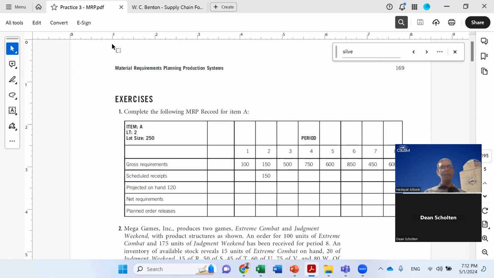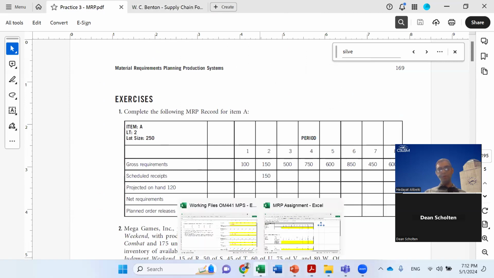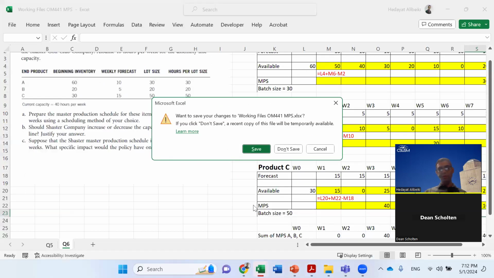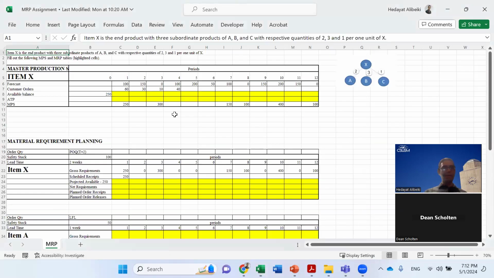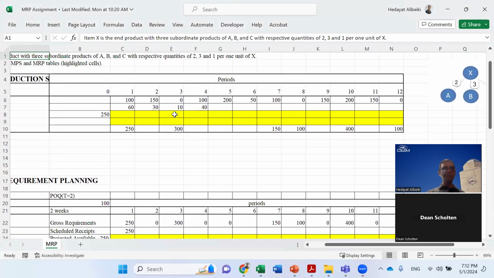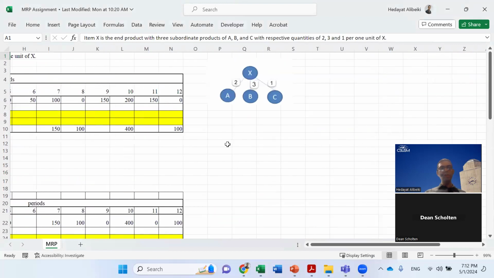I'm going to do this one first. Okay, on this one, this is the bill of material.